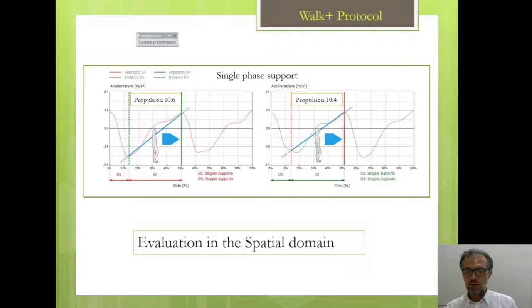We can perform an evaluation in the spatial domain, because just by examining the single support phase we will be able, inside the gait cycle, to discriminate what is going on in terms of propulsion ability in the double support, but mainly in the single support phase, how much the patient is able to provide an adequate, accurate and effective propulsion to walk in our hallway.